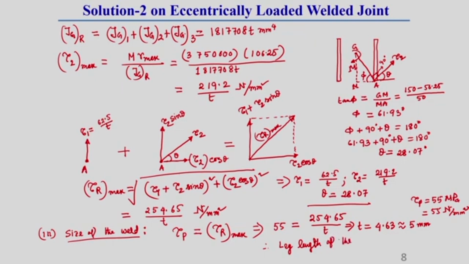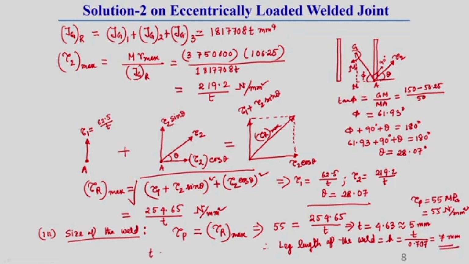of the weld will be equal to A is equal to t by 0.707. This will give us approximately 7 millimeter. So by this we can easily find out the dimension of the weld.